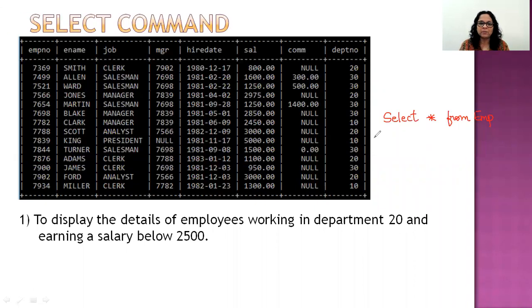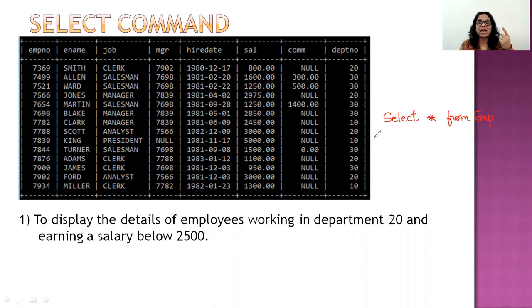Working in department 10 and earning a salary below 2,500, which means there are two conditions specified in the question. The person must belong to department 20 and he must earn a salary below 2,500. So which logical operator am I going to use? And why?